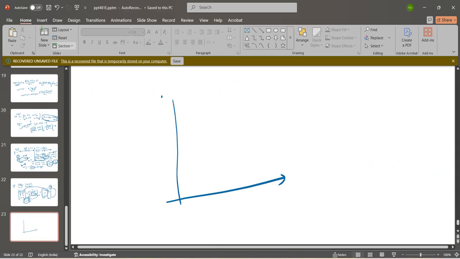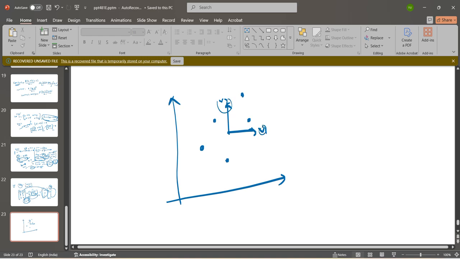Plotting happens like this. Let us say your points are like this. And you know how we are calculating the eigenvalues, right? So we have to plot the eigenvectors. For example, let us say these are the V1 and V2 eigenvector points.